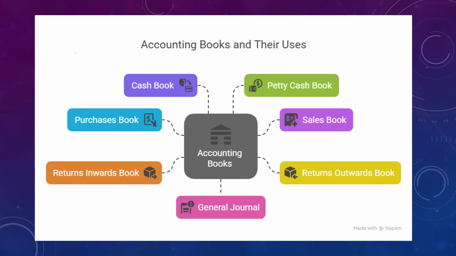If we return a non-current asset, it does not go in return outwards. Those books are only for goods. If those transactions occurred for non-current assets, we would record them in the general journal instead.